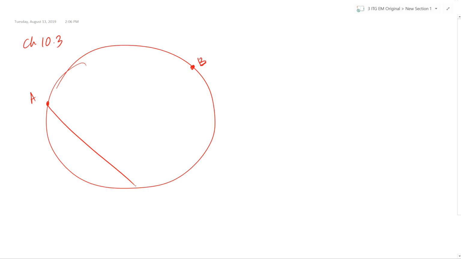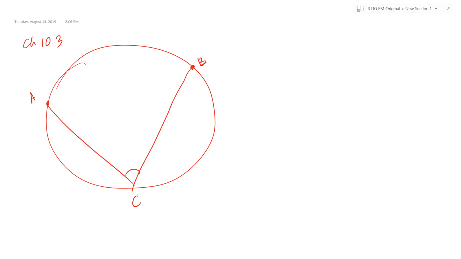Then I join them up to have, let's call this point C. So here I have an angle ACB. Okay, so far? Very random, right?